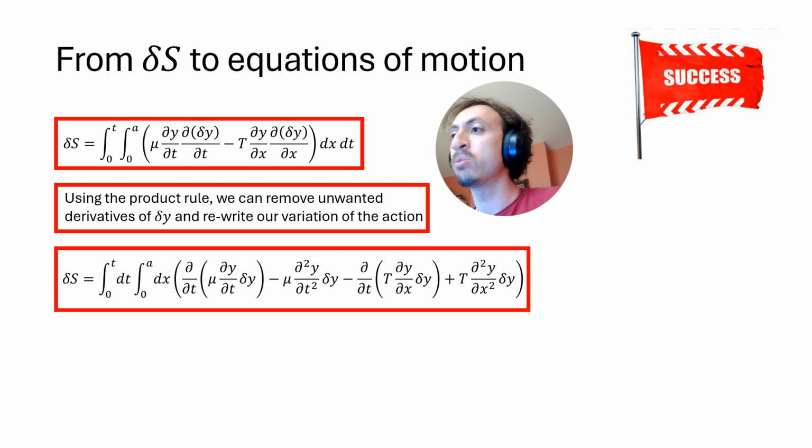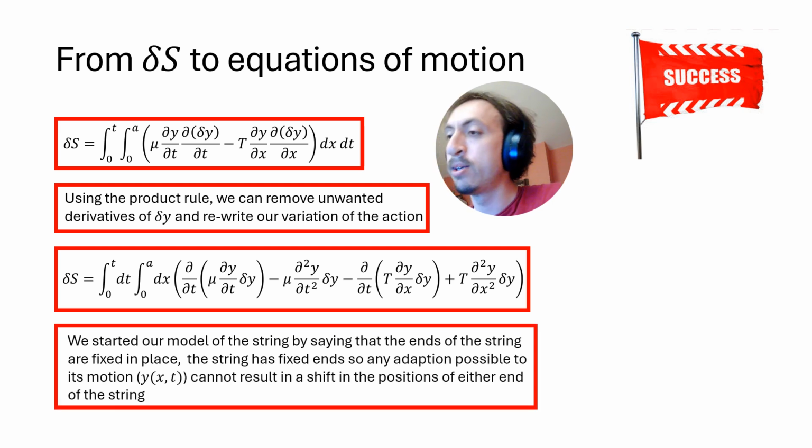But our boundary conditions now come in and do something rather magical. It's worth recalling that the points x is 0 and x is a are very special. They represent the endpoints of our string.